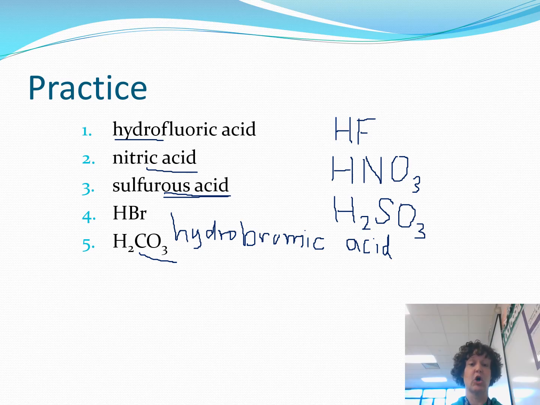That's right, that's carbonate. So since it ends in an ATE, then that means we're going to change the ending to just ic acid. So this would be carbonic acid.